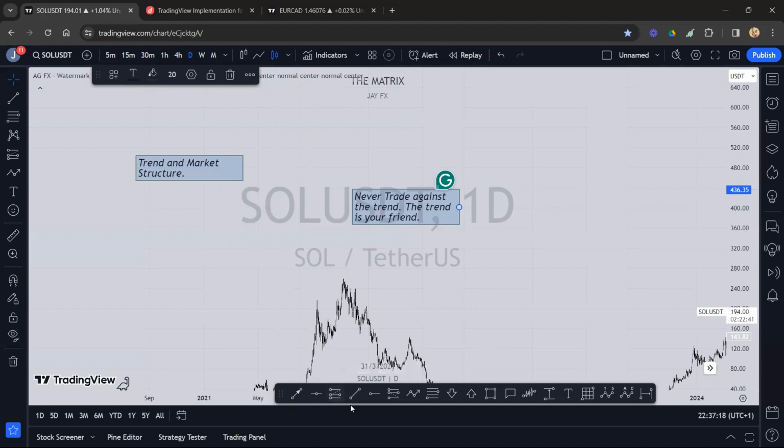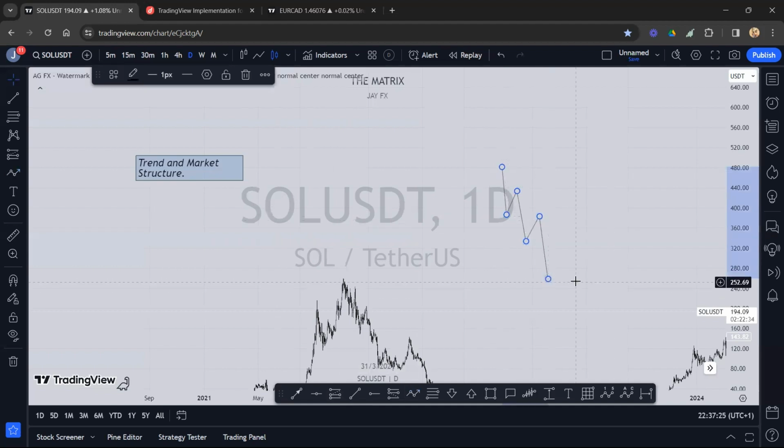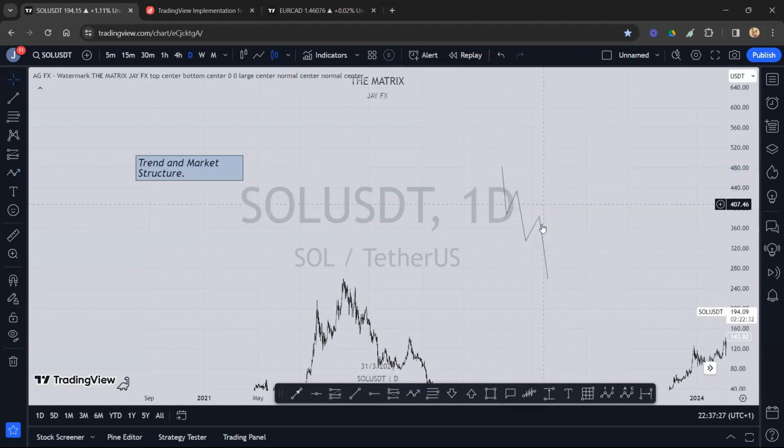So let's say we have a downtrend and you want to buy. Definitely the market is likely to continue selling and keep you out of the buys. That's what I mean by trading against the trend. You always want to trade in the direction of the trend. Okay, so there is a trend in every time frame.